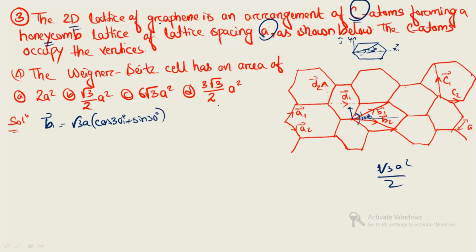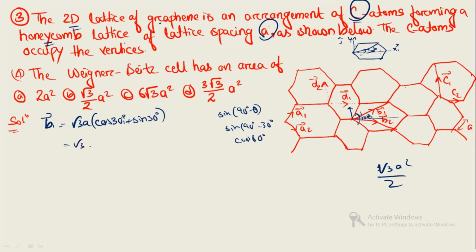Now this sine, when you convert it into cos, you can directly write sine of (90 degrees minus theta). So sine of (90 degrees minus 30 degrees) will become cos 60 degrees. This is how you write it.